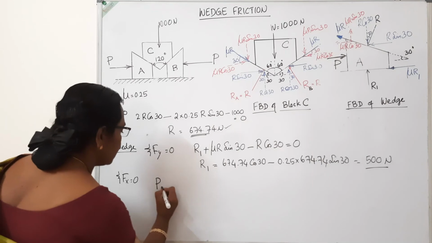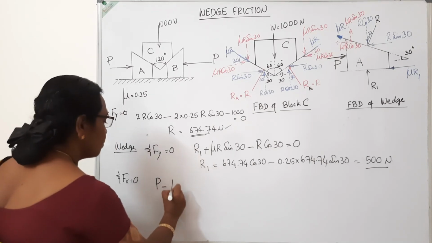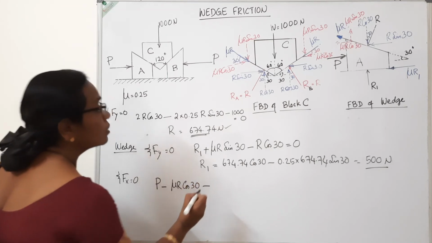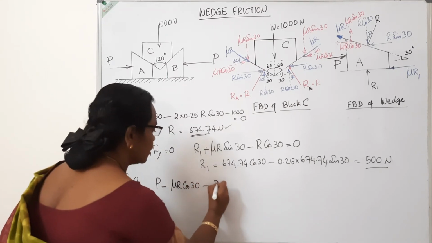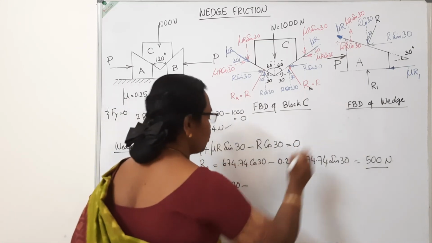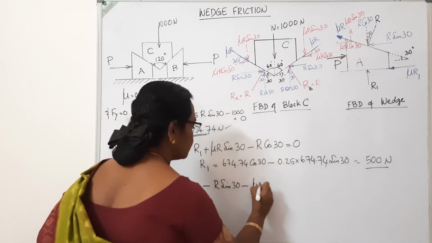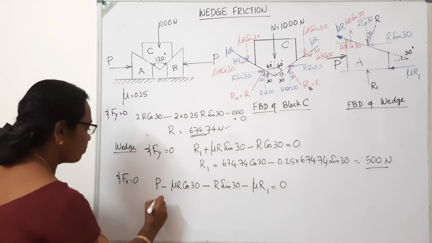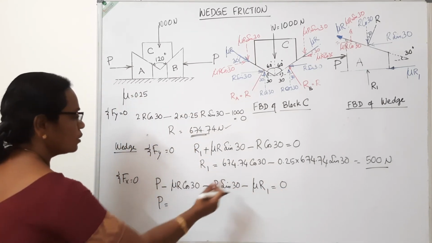So P minus mu R cos 30 minus R sin 30 minus mu R1 is equal to 0.